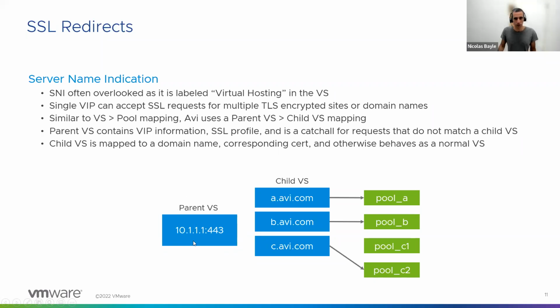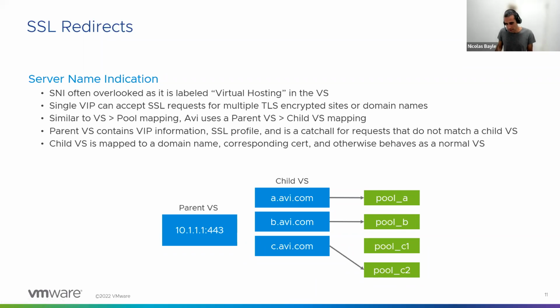In a Kubernetes environment, as I mentioned with AKO, this is done automatically for you. You will not configure it. As soon as you create an ingress, you will create this parent VS, and later, if you have other VSs relying on HTTPS, you will create those child VSs. But you can also create this manually if you are using an application which relies on virtual machines, for instance, and you want to achieve the same.